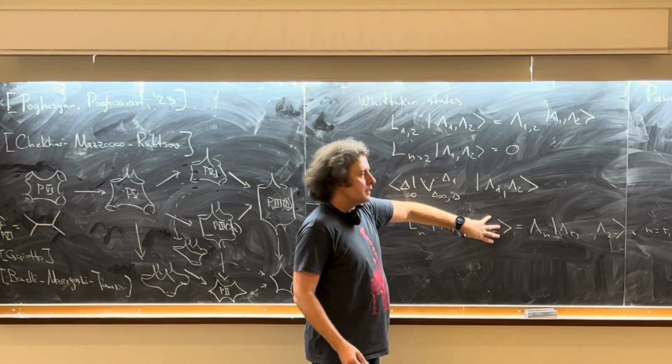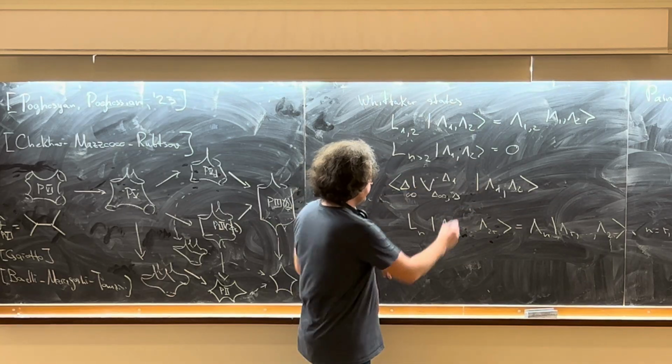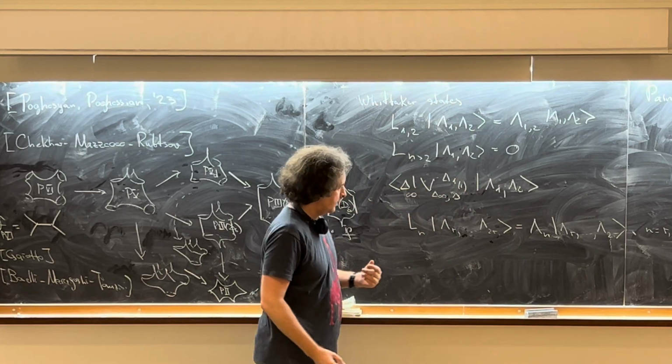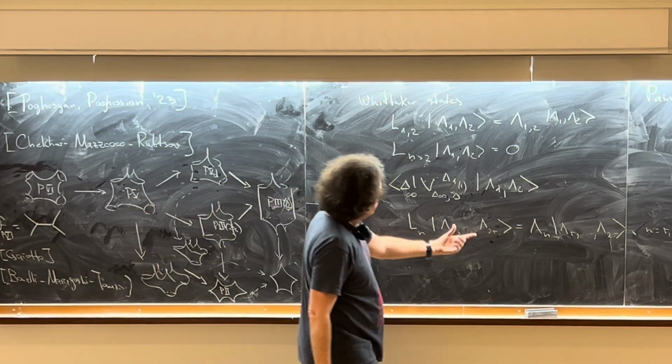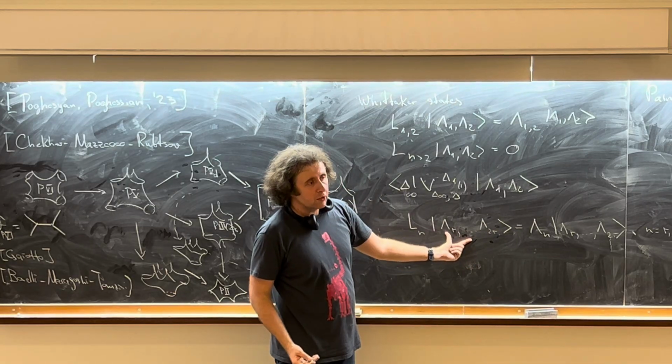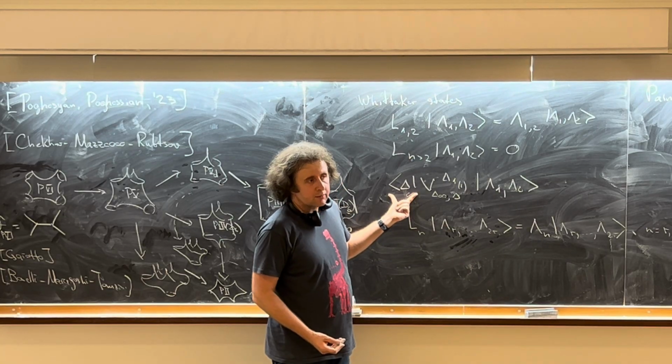But here immediately we face a problem when we try to write an expression like this one, because we don't have any canonical pairing between the Whittaker module generated by this vector and the highest weight module.